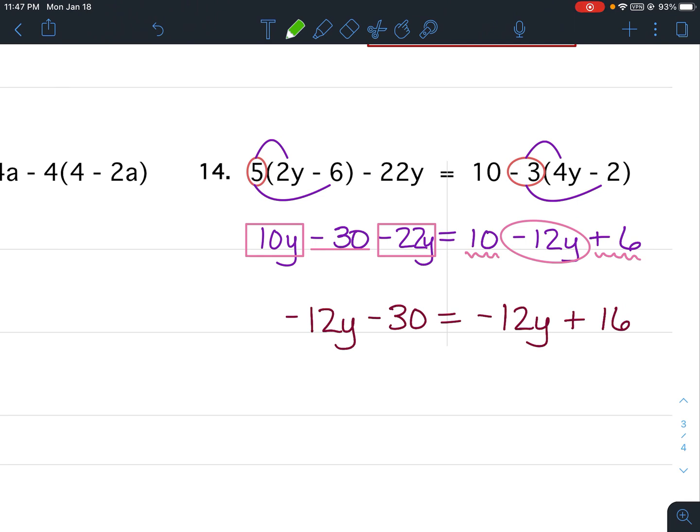Let's look at our variable terms first. Our variable terms are the same. But if you look at your constant terms, the constant terms are different. So we want to find the solution where the variable terms are the same, but the constant terms are different.